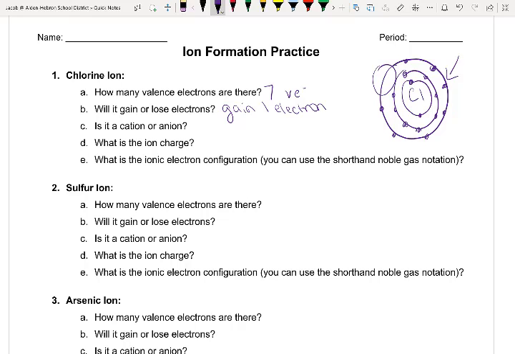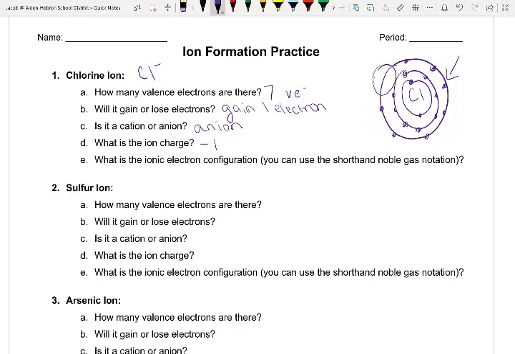So this one, because it's going to be gaining that electron, it will be an anion. The ion charge, because we're only adding in this 1 electron, will be a -1. So then coming back up to the top, the chlorine ion would be Cl-.